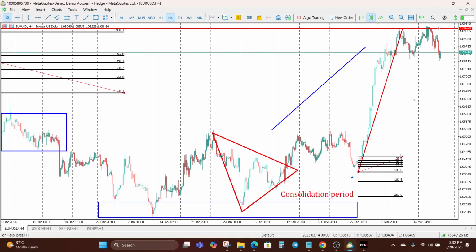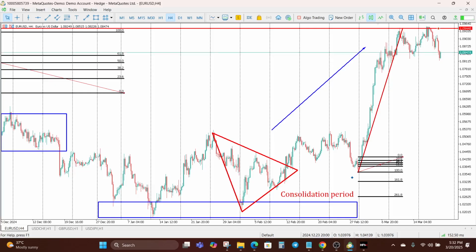So by using these tools the right way, traders can eliminate guesswork and follow a structured trading approach. Why should you care about these tools? Because they help you analyze price action more effectively and make informed trading decisions.